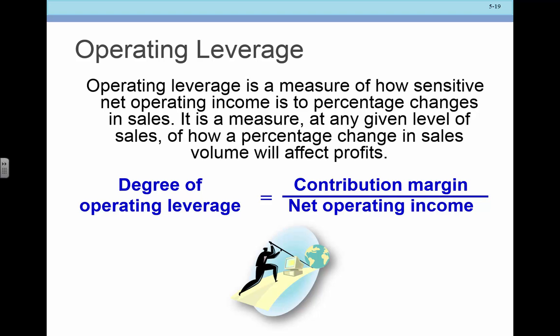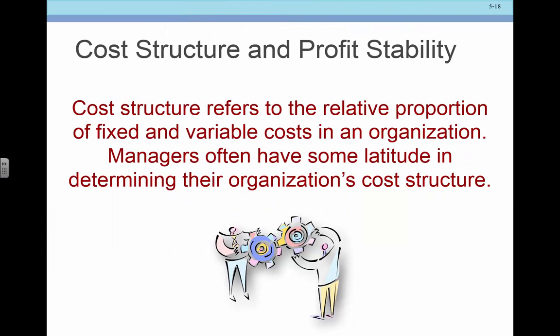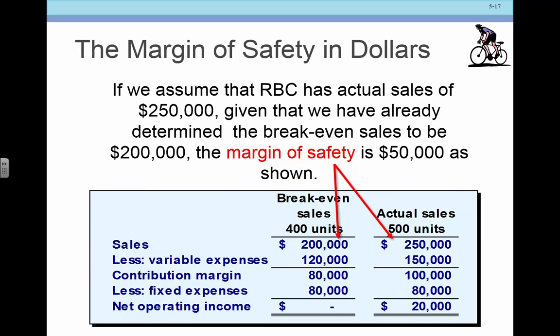Let's just run that number for the example that we've been doing, at my actual sales. What's my operating leverage? It's quoted as number of times, essentially.